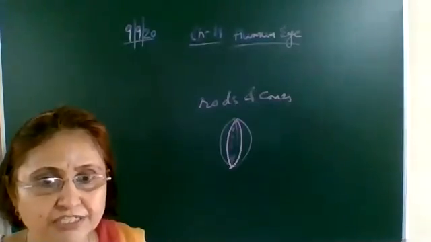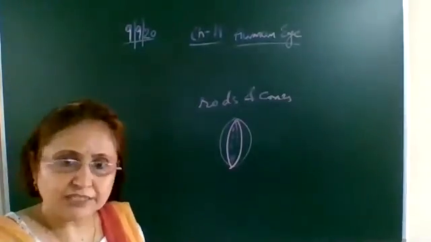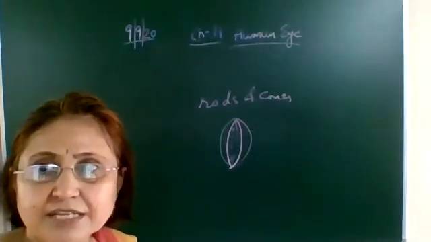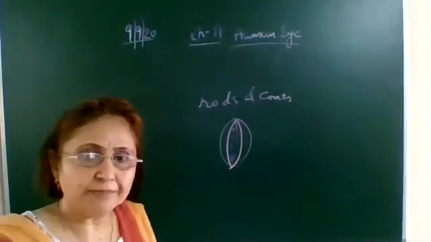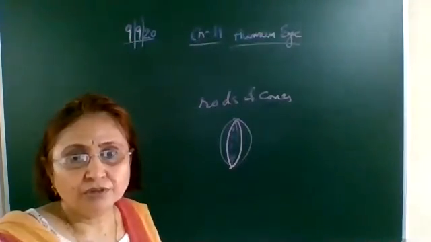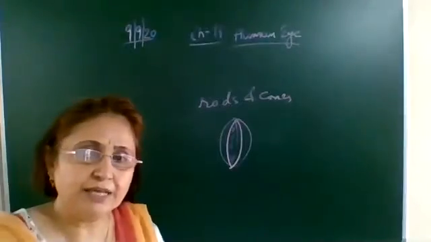The curvature increases, the lens becomes thicker and its focal length decreases. For a thick lens, the focal length is less, and you are able to see the nearby objects.